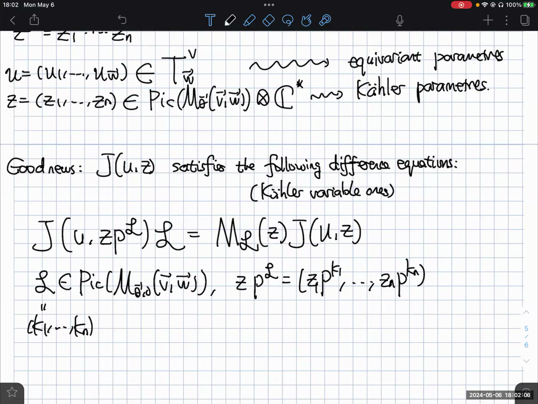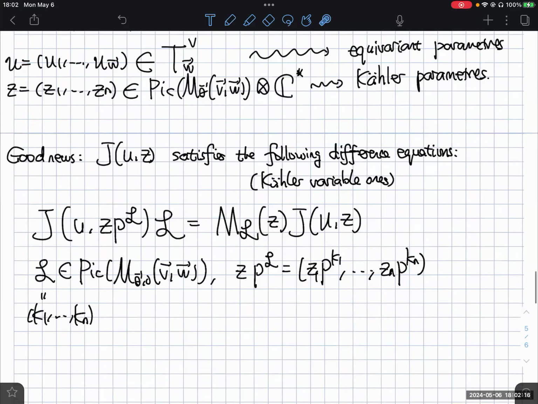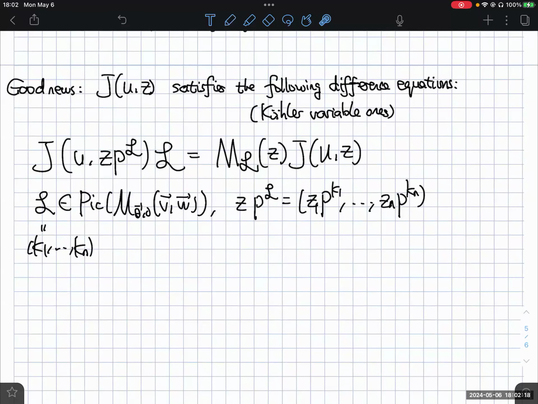Also, on the variable of U, it still satisfies another set of difference equations, which is more or less like the QKZ equation. But the main object that we're going to study today is this equation.